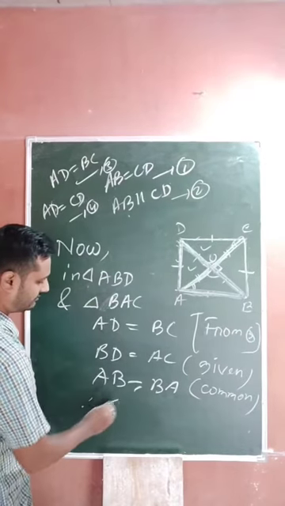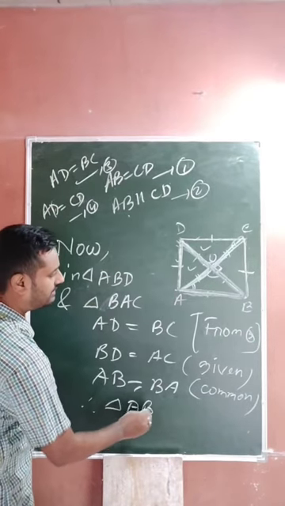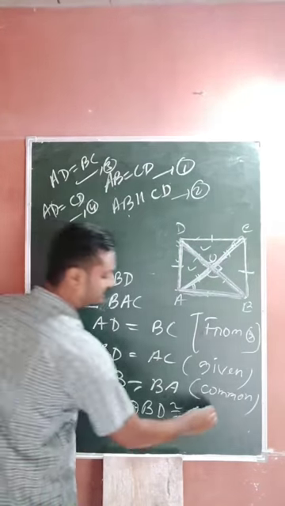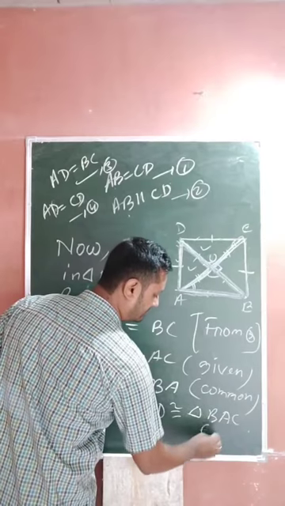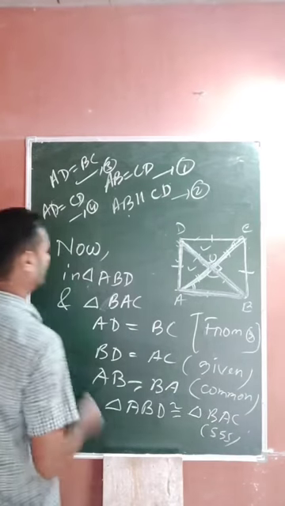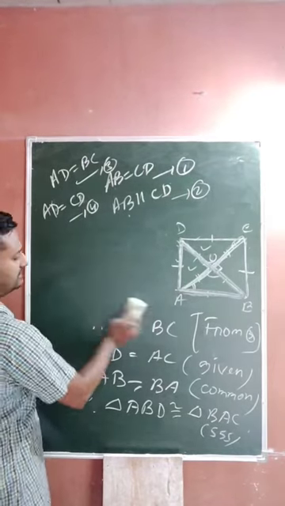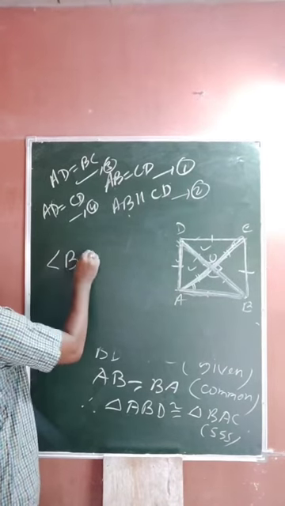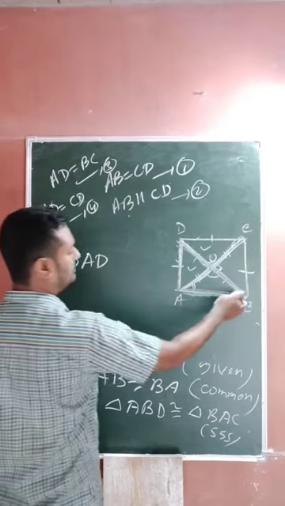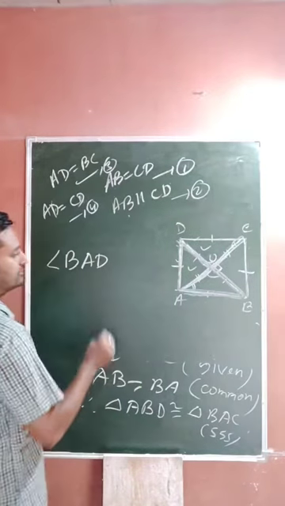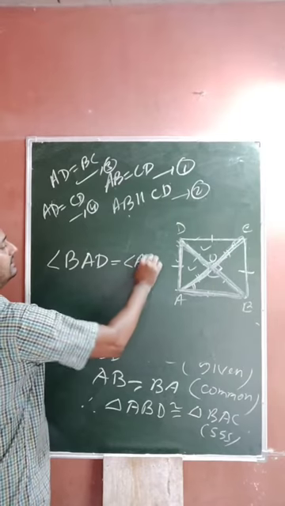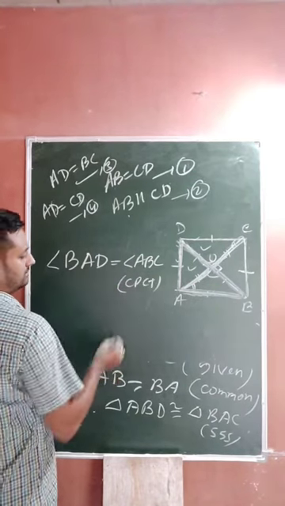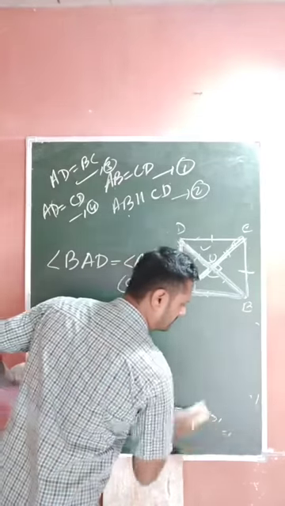So therefore triangle ABD is congruent to triangle BAC, which is SSS, and if two triangles are congruent, their corresponding parts must be equal. That means angle BAD is equal to angle ABC, CPCT.